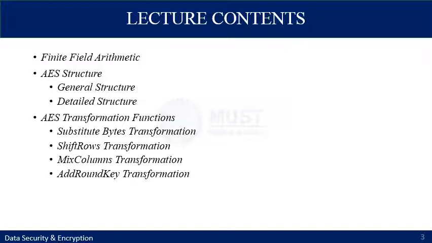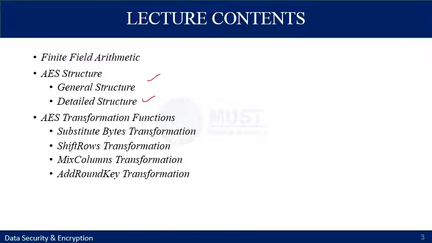I will provide a general structure and a detailed structure along with some examples. Then we will look at AES transformation functions. There are four transformation functions in the Advanced Encryption Standard, named as Substitute Byte Transformation, ShiftRows Transformation, MixColumns Transformation, and AddRoundKey Transformation.